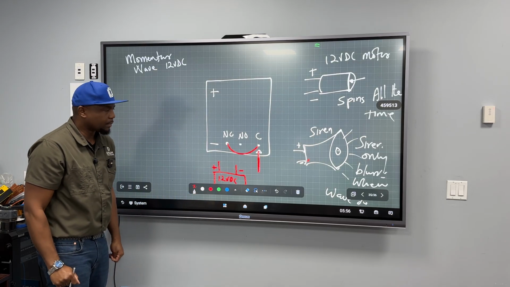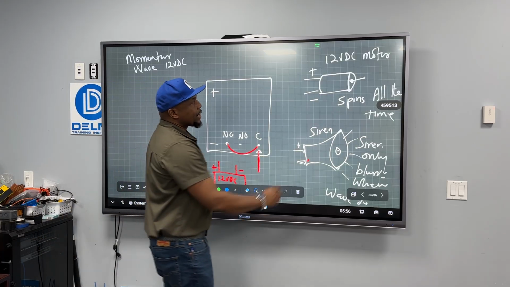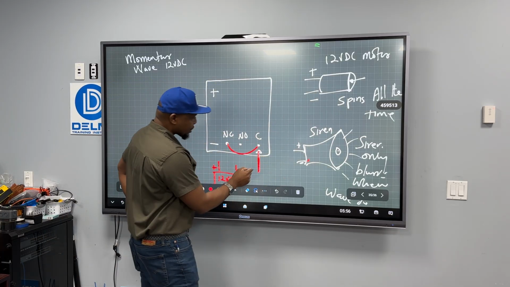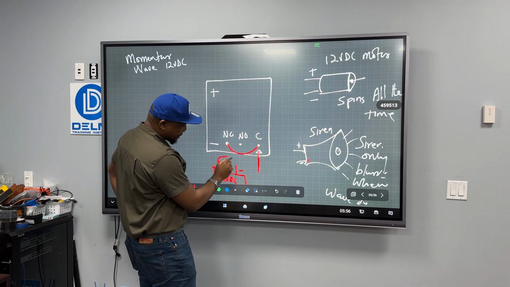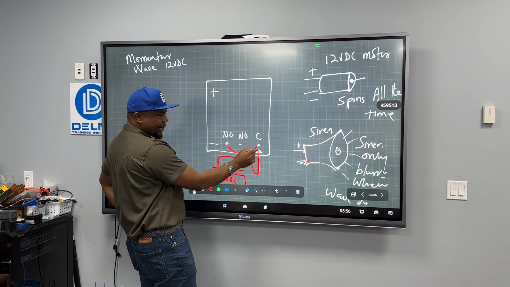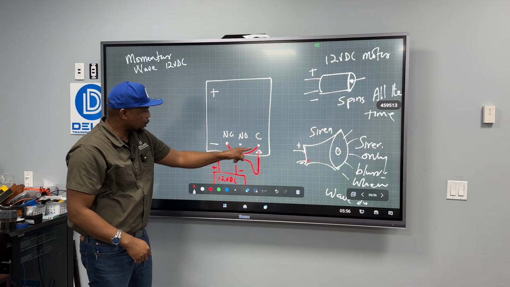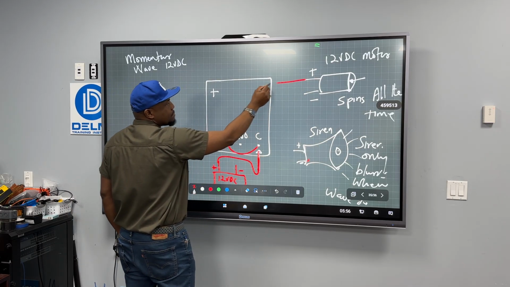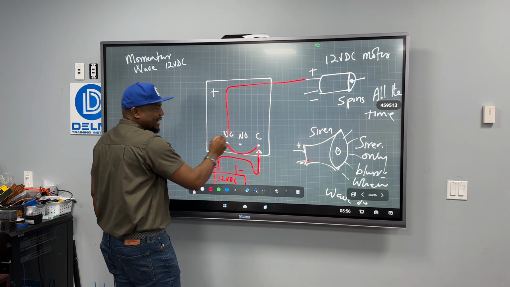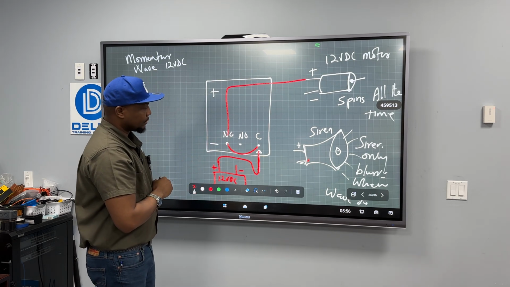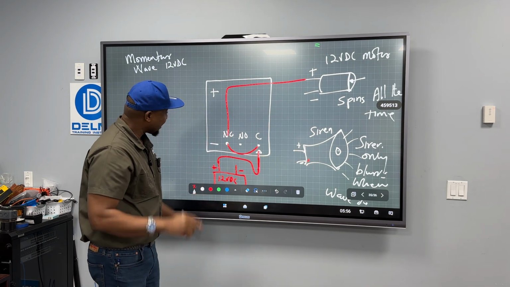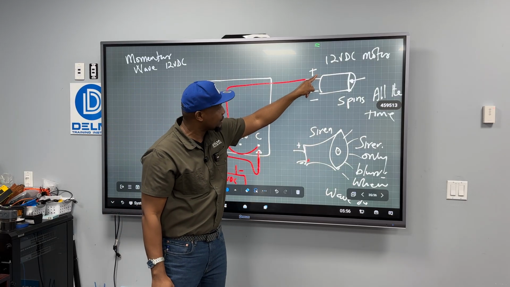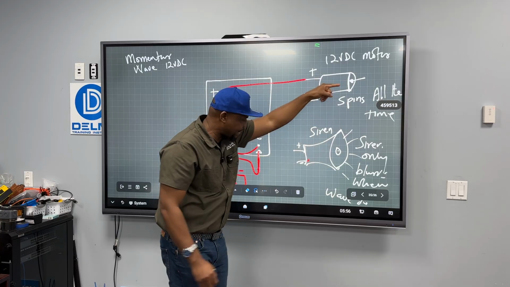So what am I going to do? Because I want this motor to always be spinning, remember, when I bring this positive voltage to the common terminal, it's going to show up here. So when I take the positive and connect it here, right away that positive voltage is going to go to the motor, and the motor is going to start spinning.